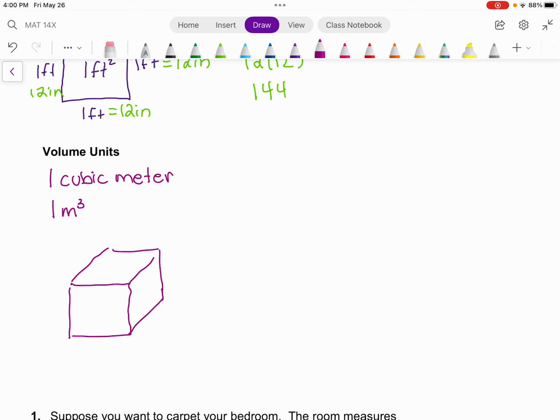If I found the volume of this cube in meters, it would be 1 times 1 times 1, or 1 cubic meter. Again, just like with square feet to square inches, say we wanted to convert our cubic meters into cubic centimeters. It helps to think about how each of those 1 meter side lengths has 100 centimeters in it.